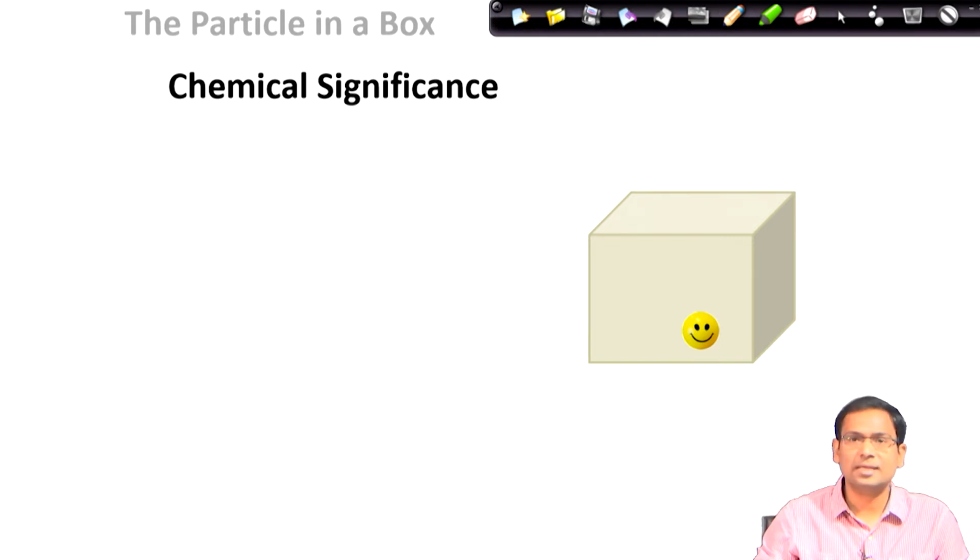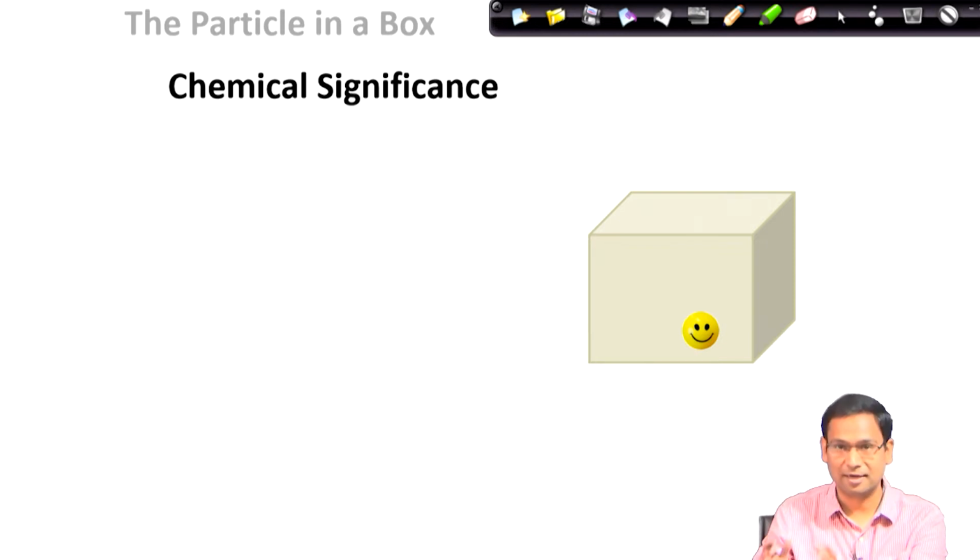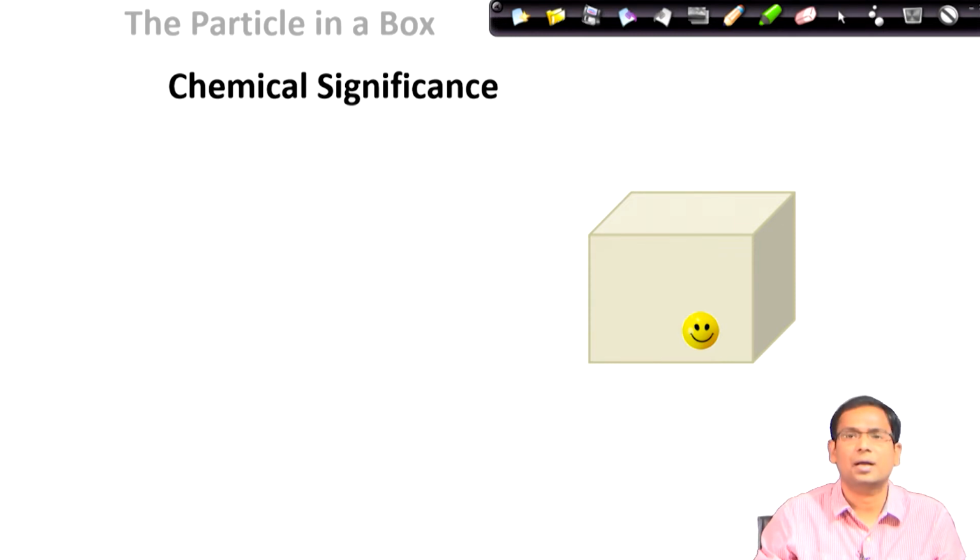Do not imagine any classical box like the picture shown here or any particle inside it. So, this classical picture should be removed from your mind. I will now try to tell you what chemical systems we have in mind when we call it particle in a box. We know from atomic structure that an atom is composed of a central nucleus and one or many electrons going around it.